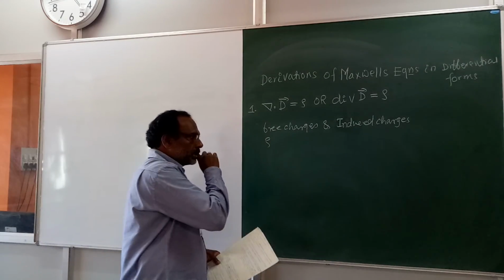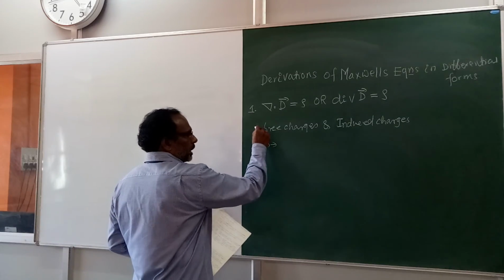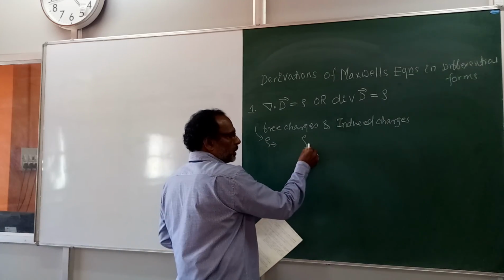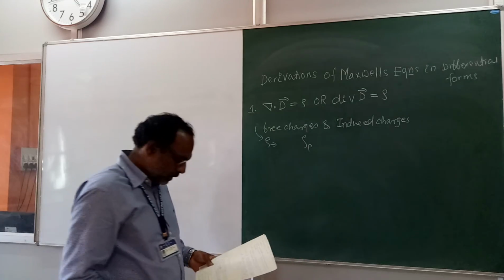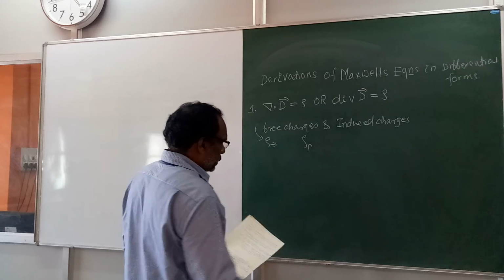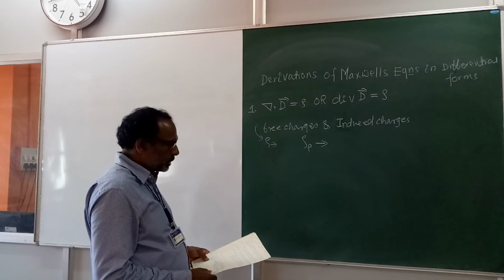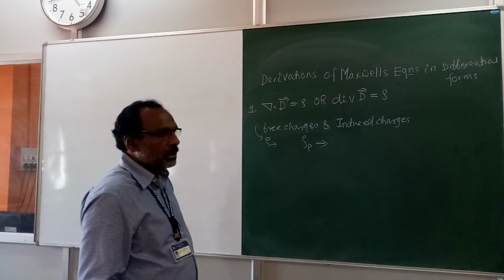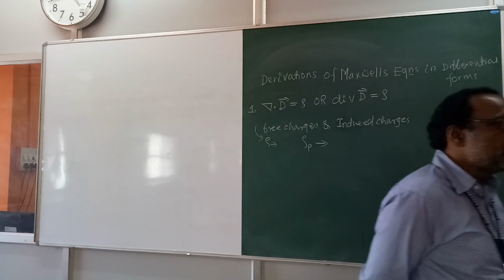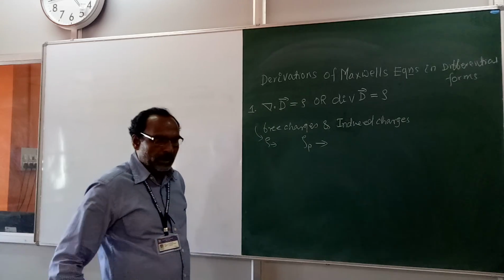Let rho be the charge density due to free charges, and rho p the charge density of polarized charges or induced charges, respectively.